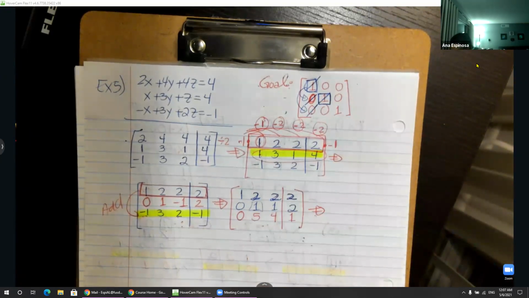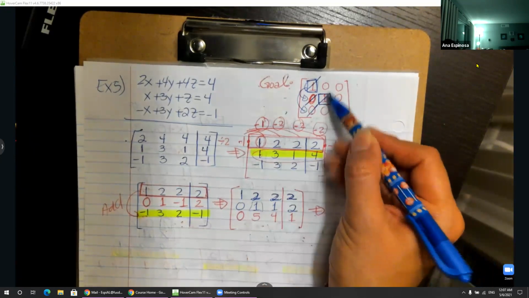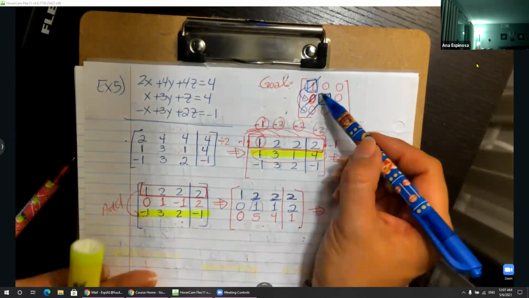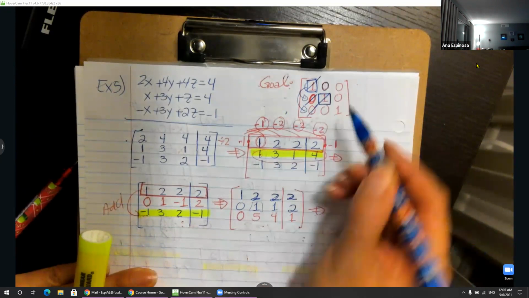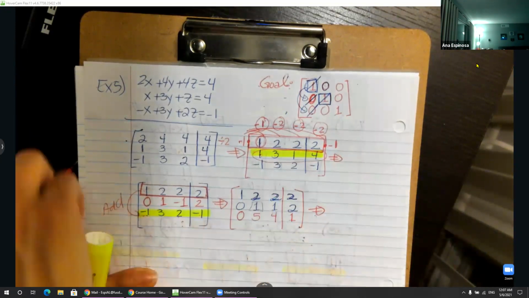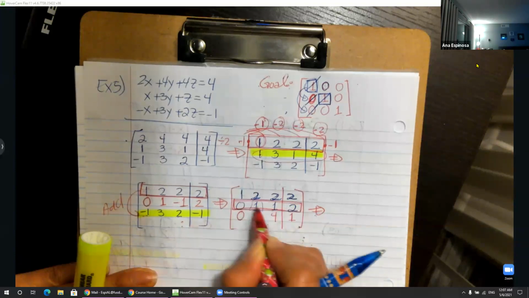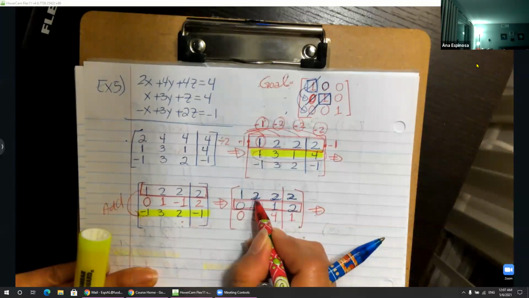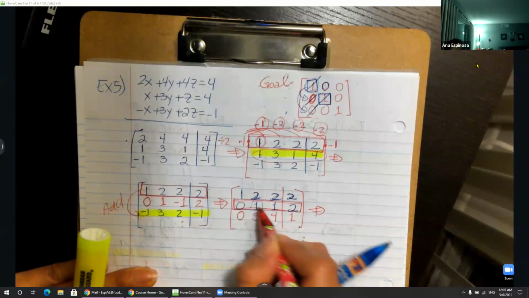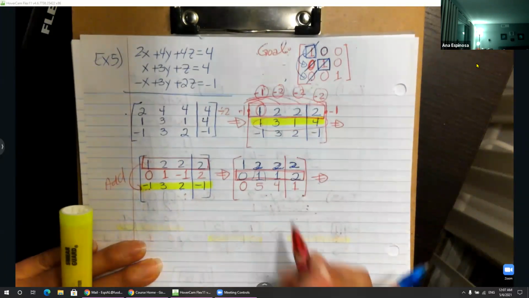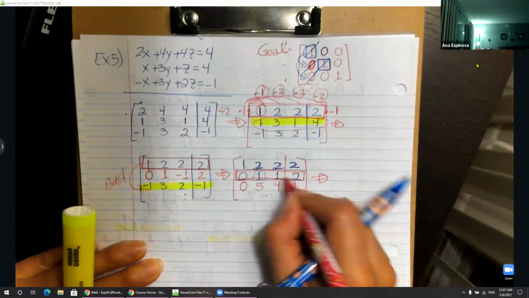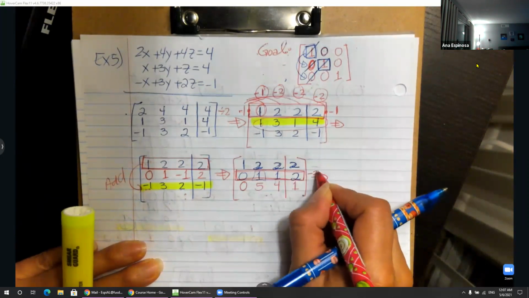Okay. Now I want either 0. You can pick whichever one. If I want this top number to be a 0, I'm going to use this middle row to get that to be a 0. In order for that to be a 0, I need this one to be its opposite. So that would be a -2. So I'd multiply this middle row by a -2.